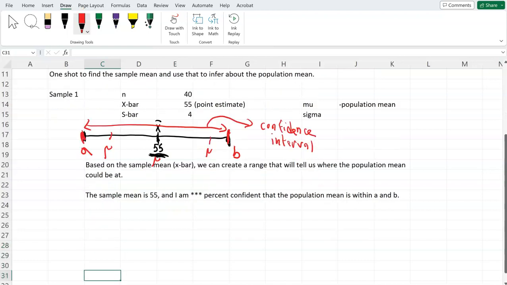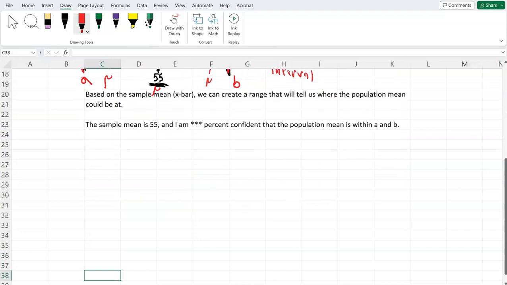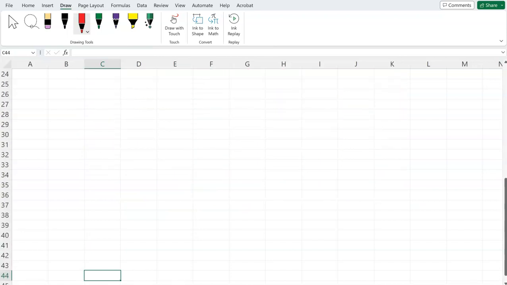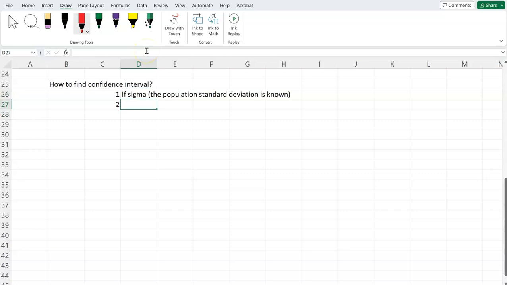Now, how do we find a confidence interval? There are three ways we could find a confidence interval. One method is if the population standard deviation is known to us, but the population mean is not known to us.